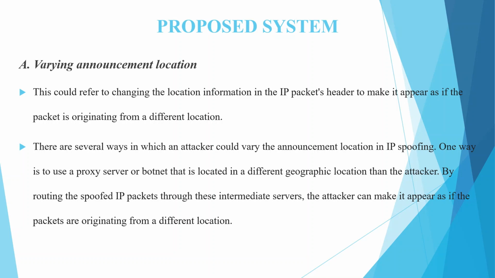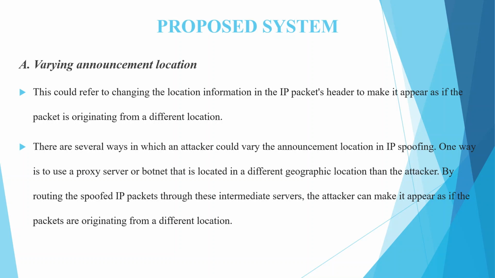This could mean altering the IP packet header's location information to make it appear as though the packet is coming from a different location. There are several ways in which an attacker could vary the announcement location in IP spoofing. One way is to use a proxy server or botnet that is located in a different geographic location than the attacker.